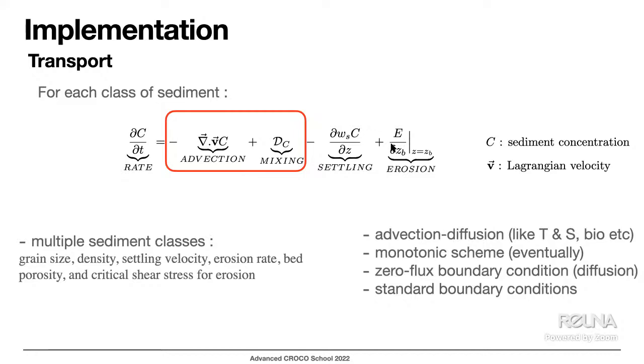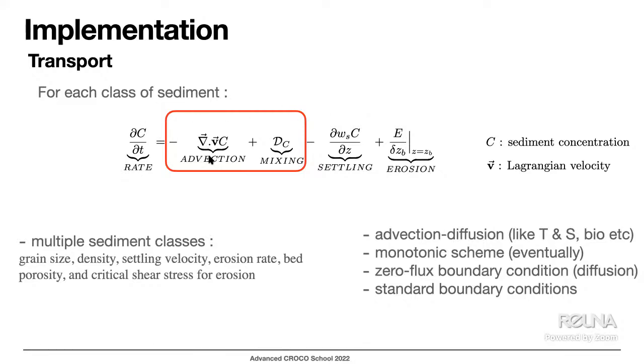So this is a sink term, this is a source term of sediment. And just to say that the velocity considered here is a Lagrangian velocity. So we are in the wave average context as we saw, so the velocity is the mean current velocity plus the Stokes velocity.